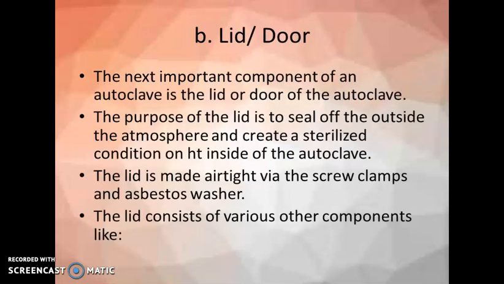Next is the lid or door. The next important component of an autoclave is the lid or door. What is the purpose of the lid? It is to seal off the outside atmosphere and create a sterilized condition on the inside of the autoclave.